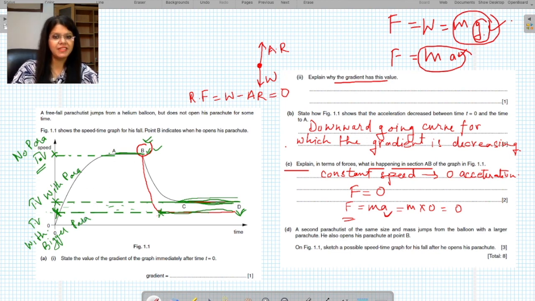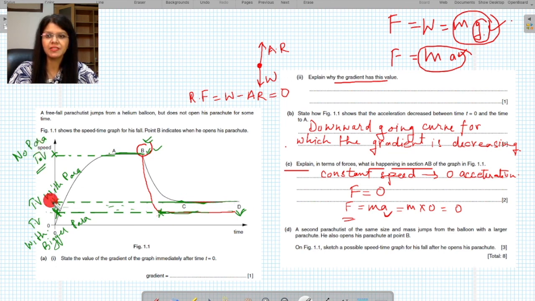Right? Rewind the video again to understand if it is not making much sense to you at this point, but I'm sure this is not so difficult to understand. Let me make neater lines here. So this is your terminal velocity, this point on the y-axis, no parachute. TV, terminal velocity, no parachute.